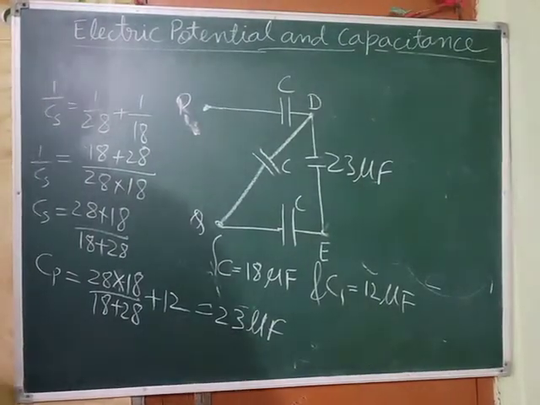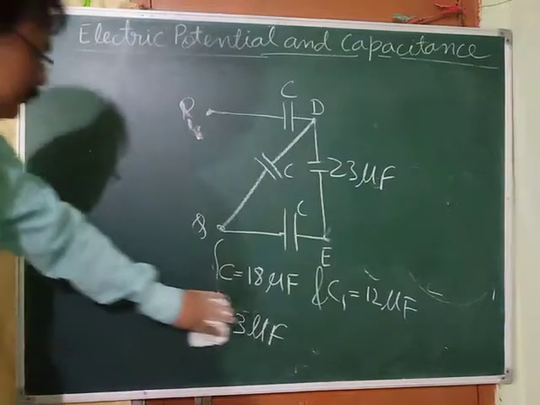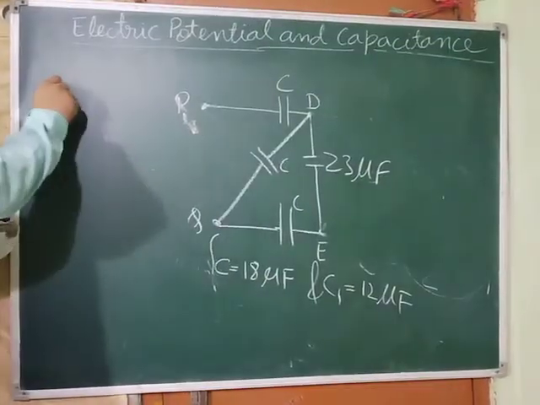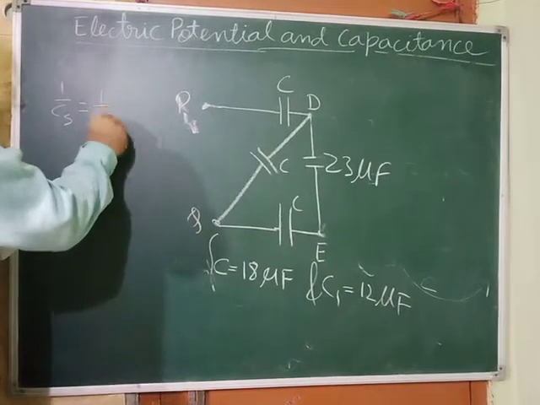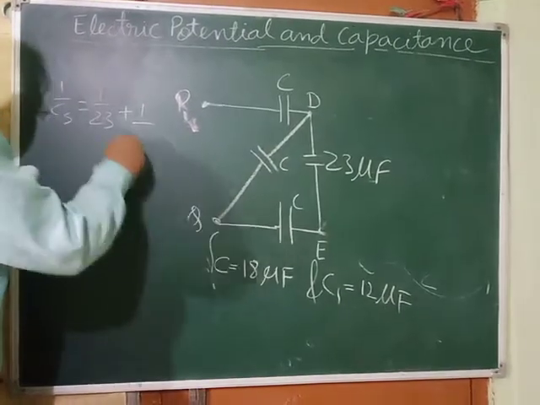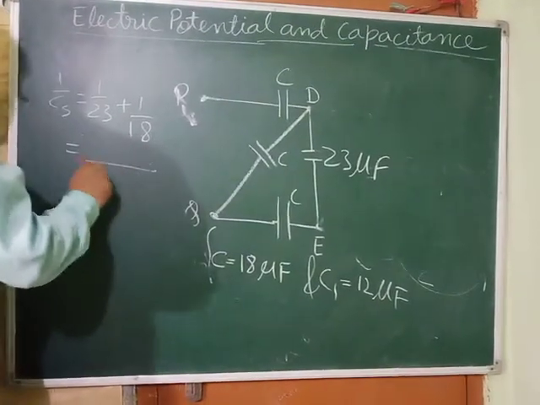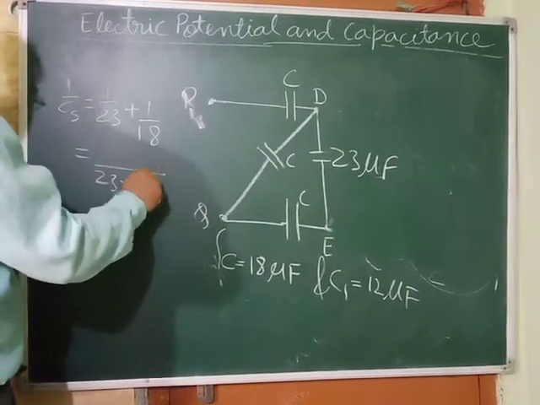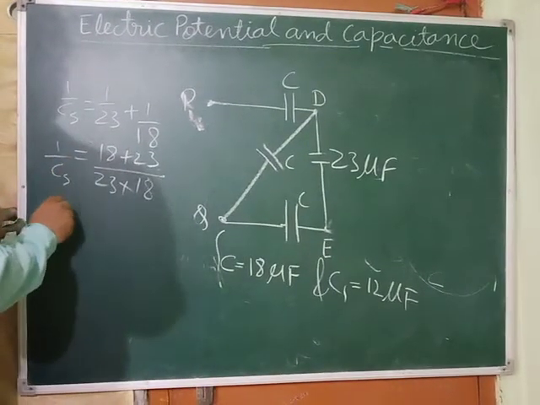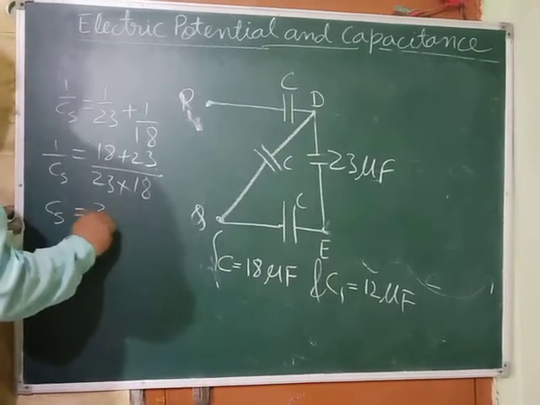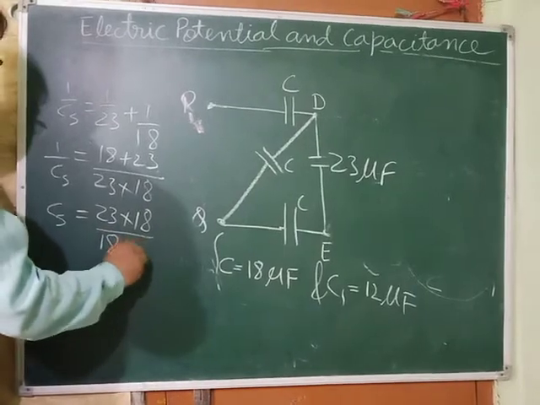When they are in series, again we have to take it the same way. 1 by CS is 1 upon 23 plus 1 by C, which is 18. So we get again 23 into 18 by 18 plus 23, that is 1 by CS. So CS is the inverse of that, 23 into 18 by 18 plus 23.